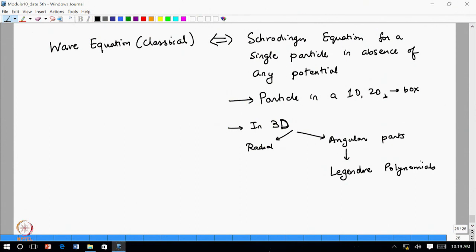These are the angular part of the waves in 3D. So here we saw that if it is circular, you get Bessel functions, and in the angular parts we saw the Legendre polynomials. The radial part has to be worked out.